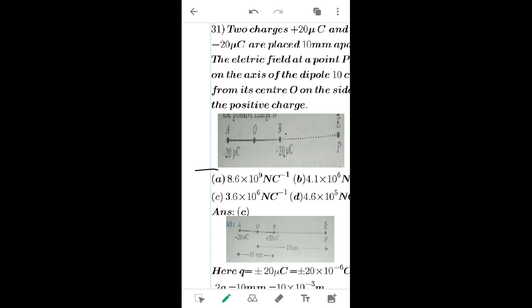Okay, so now let us see the options here. A is 8.6 into 10 raised to 9 Newton per coulomb. B is 4.1 into 10 raised to 6 Newton per coulomb, and C is 3.6 into 10 raised to 6 Newton per coulomb, and D is 4.6 into 10 raised to 5 Newton per coulomb.